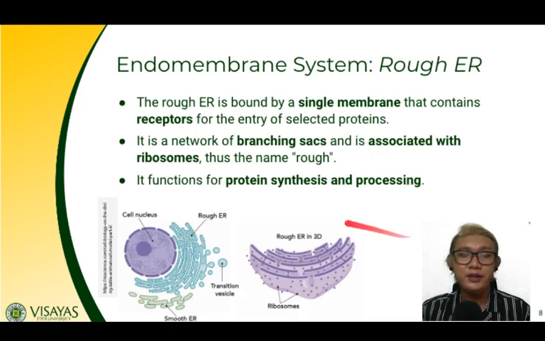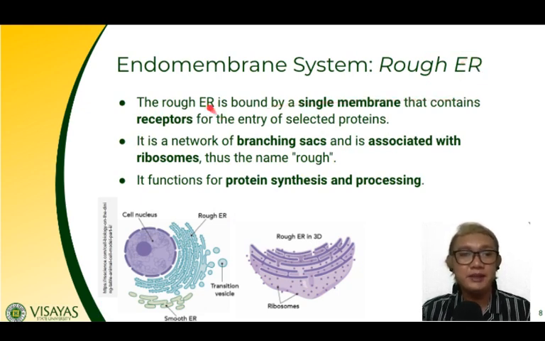Now, from the nucleus to the ribosomes, you will find the endomembrane system. The endomembrane system is composed of several organelles. The first one is the rough ER, or the rough endoplasmic reticulum.